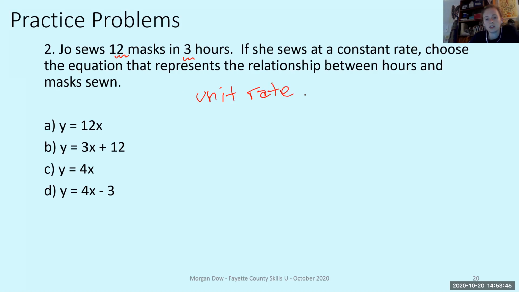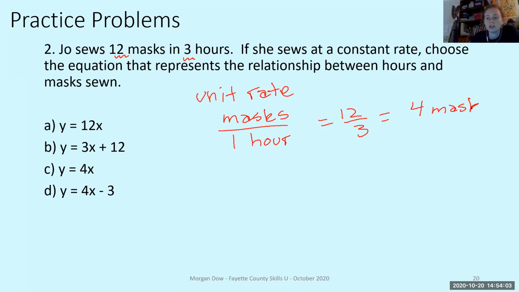How many masks is she sewing per 1 hour? Well, that would be 12 masks divided by 3, which gives us 4 masks per hour. So she's sewing 4 masks per 1 hour. We could say that the slope, or the rate of change for this relationship, is 4.